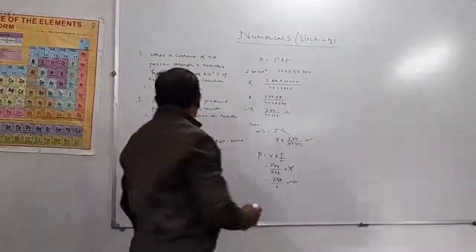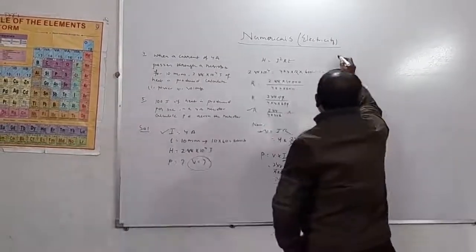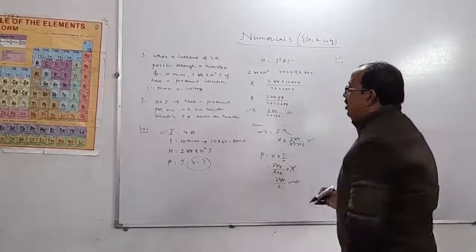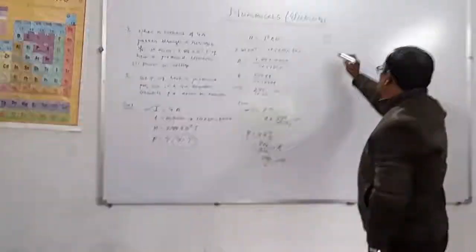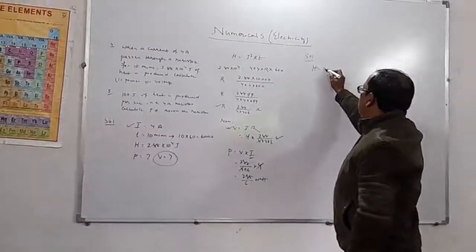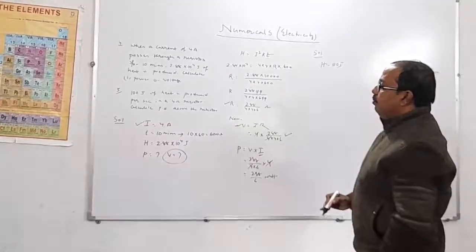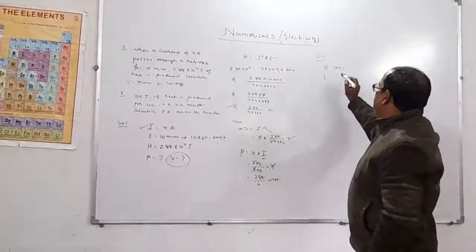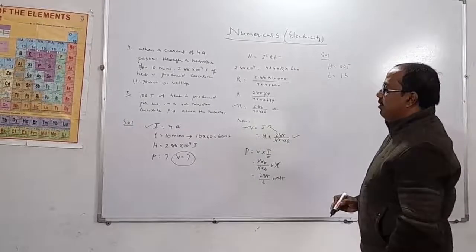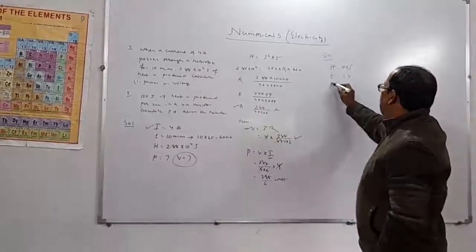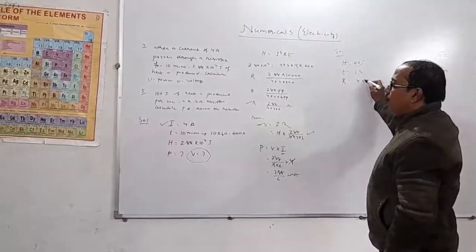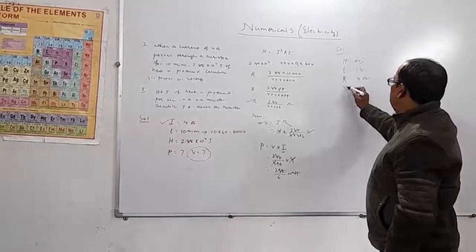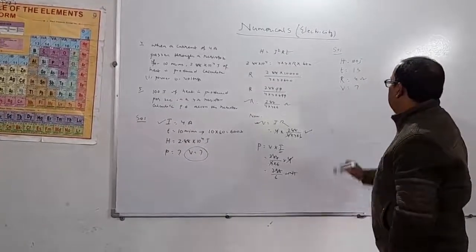Now the next question. Question number 5. 100 joule of heat is produced. H is given, that is 100 joule per second, means time is equal to 1 second, in a 4 ohm resistor, R 4 ohm. We have to calculate the potential difference.